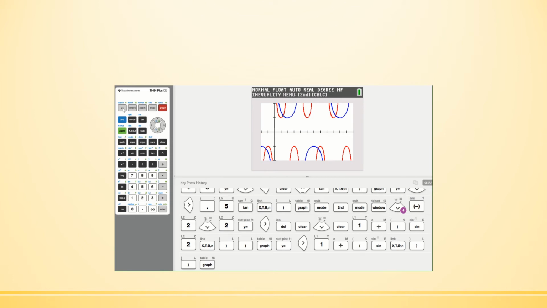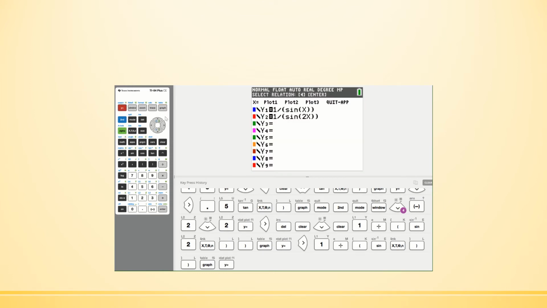And just for a little further fun, let's graph the sine of 2x so we can get a comparison. You get a visualization of what's going on.